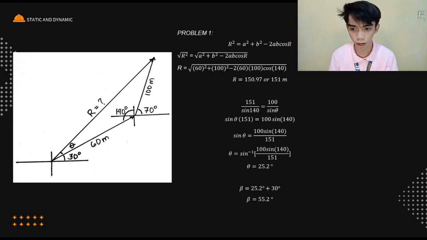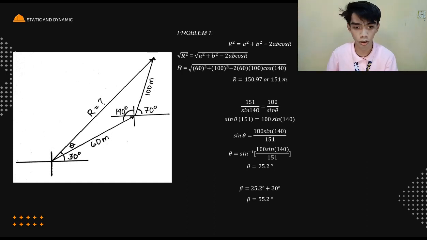Sa pag-solve naman po ng angle ng resultant, gamit naman po tayo ng sine law. So, 151 over sine 140 is equal to 100 over sine theta. Cross multiply: sine theta times 151 is equal to 100 sine 140.